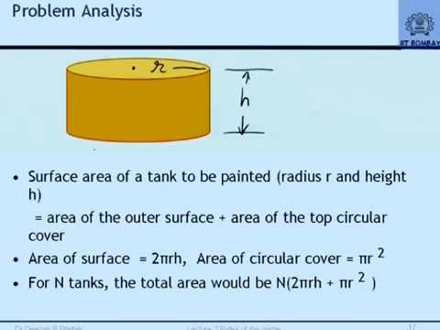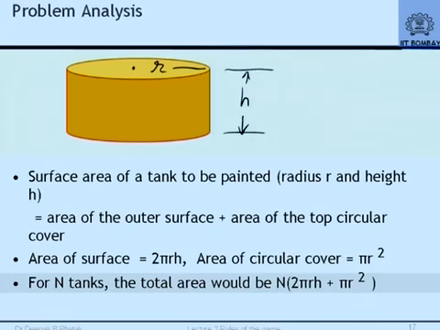The area of the cylindrical portion is the area of the outer surface. Now, in any cylinder there are two circular tops, but since this whole thing is sitting on the ground, there is nothing to be painted below. So, only the top circular surface will have to be painted. I will have to add its area. The two areas are simply 2 pi r h and pi r squared. You agree with that? This is an absolutely simple formulation.